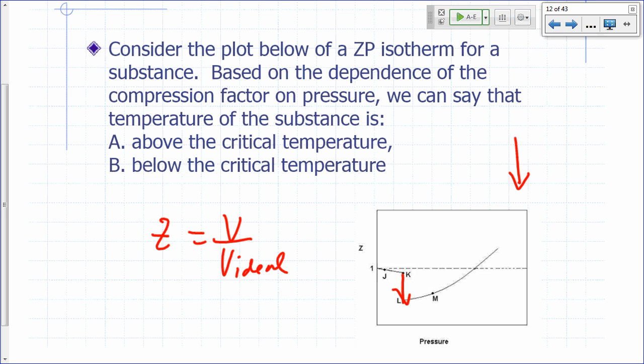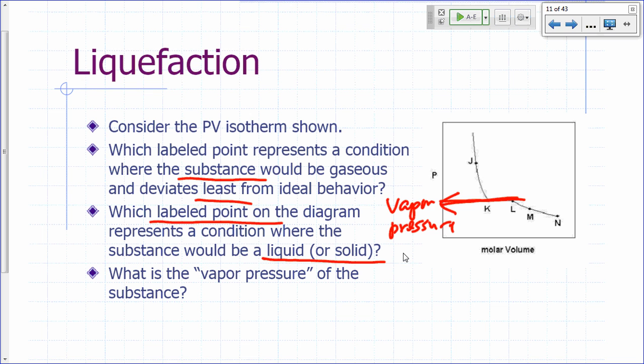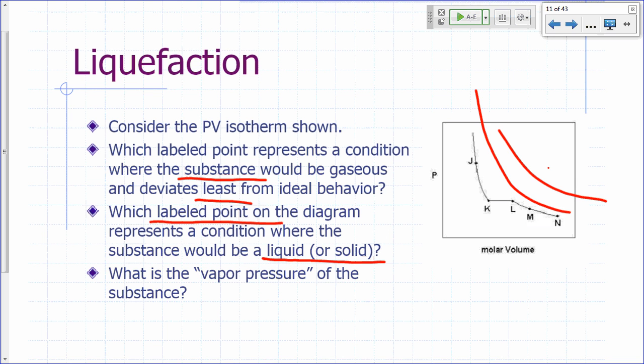If you're above the critical temperature, you might see something that looks like this. There is no big dip. For example, over here, if you're above the critical temperature, you might see something that looks like that. It's still going to be less than ideal. If this was the ideal, your real curve might dip below ideal and eventually it's going to overtake the ideal curve.